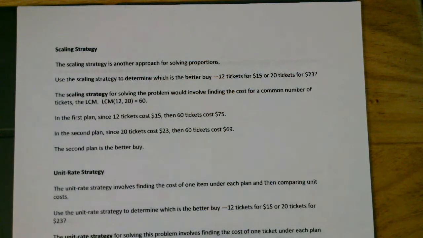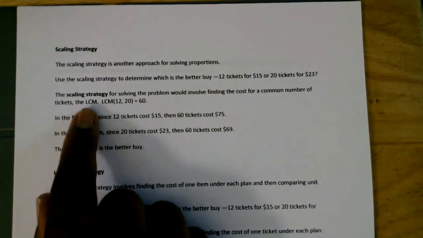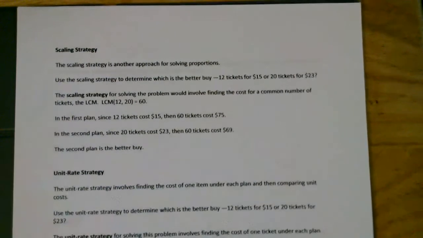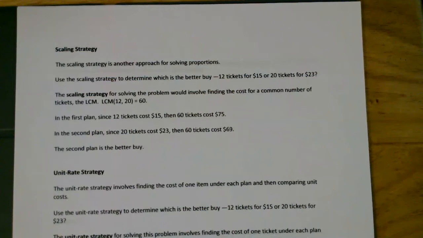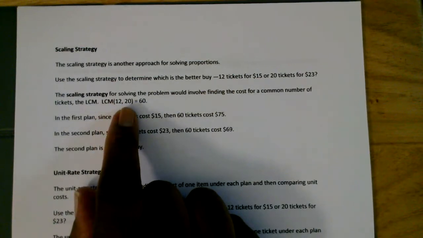Now, that scaling strategy is used for solving the problem, and it would involve finding the cost of a common number of tickets. In other words, we're looking for the least common multiple, or the LCM, if you recall. And the least common multiple, by the way, is going to be the smallest multiple that is divisible by the two numbers here. So we're looking for the smallest multiple for both 12 and 20.